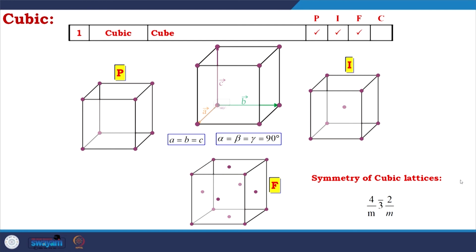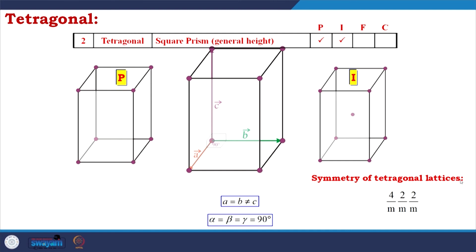The symmetry operations are 4 by m, 3 bar and 2 by m. Tetragonal has primitive and body centered. Here A equal to B not equal to C, alpha equal to beta equal to gamma equal to 90 degrees. Symmetry 4 by m, 2 by m, 2 by m.